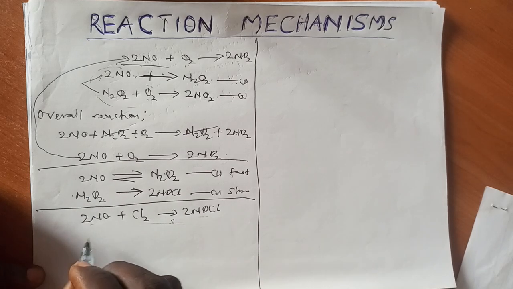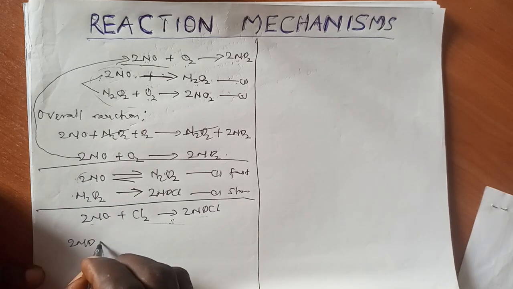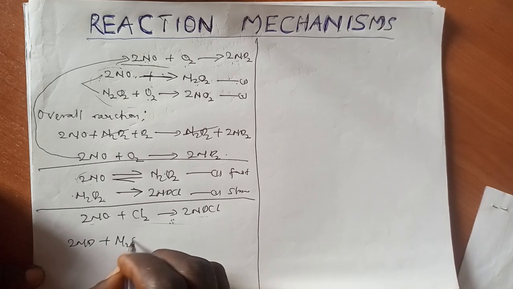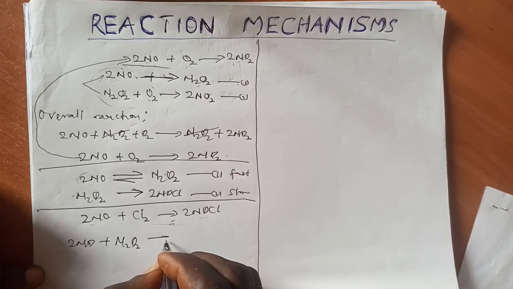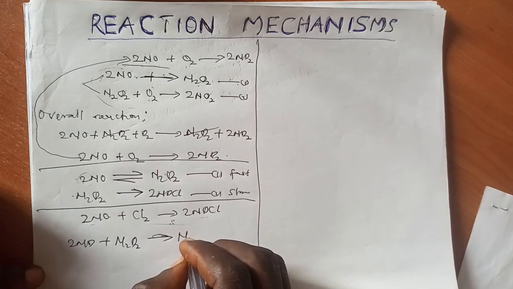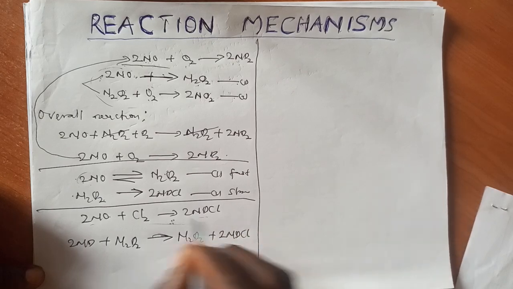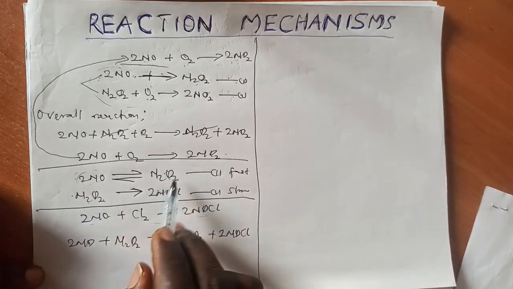Let's go to that now. If you add this one, this is the reactant 2NO, plus this is the reactant N2O2. Then you have this is the reactant and product N2O2, plus this is the product here, 2NOCl. You add this one and this one.